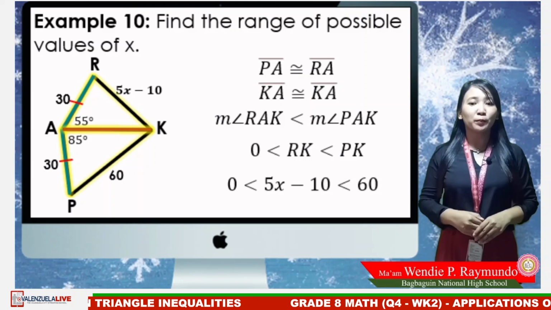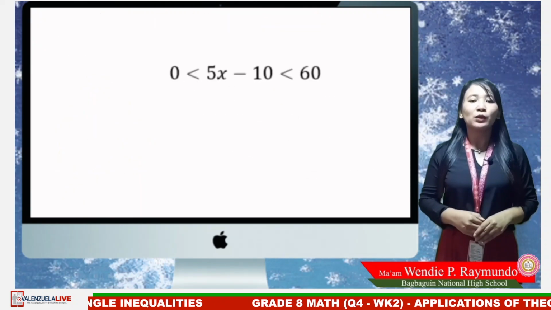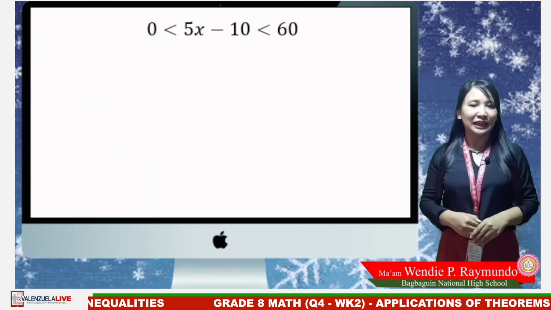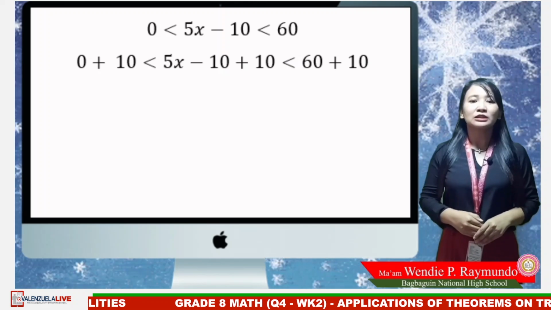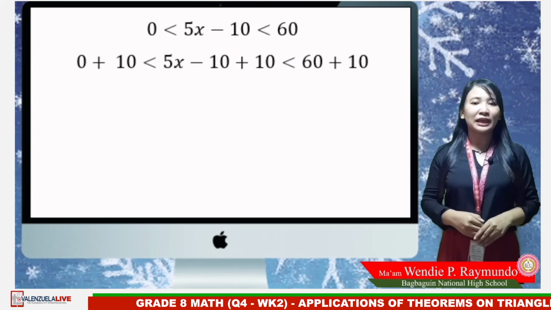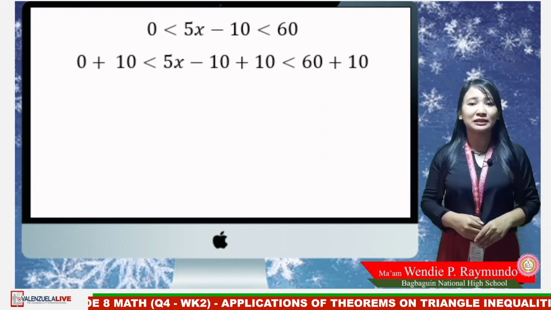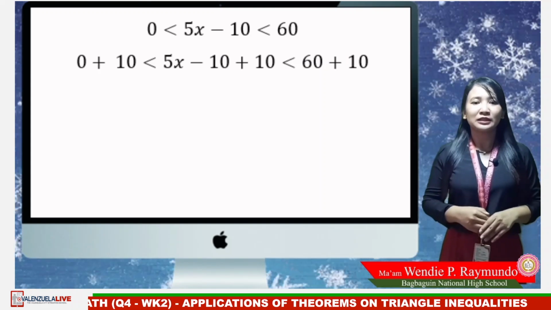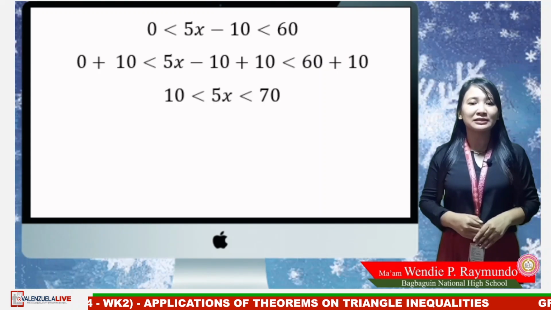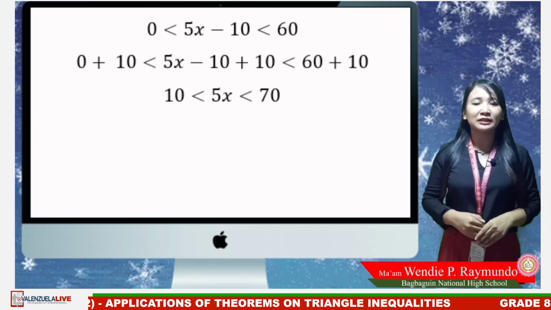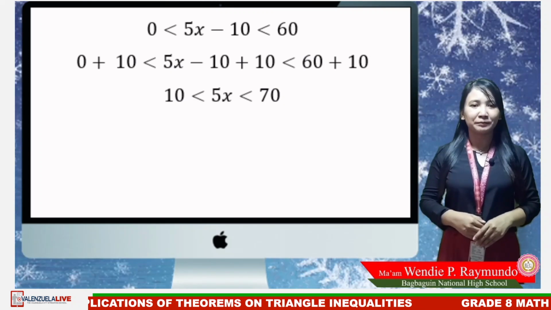Applying the addition property of inequality, we will add both sides by 10. So 5x minus 10 plus 10 is greater than 0 plus 10 but less than 60 plus 10. Simplifying, we have 5x is greater than 10 but less than 70.